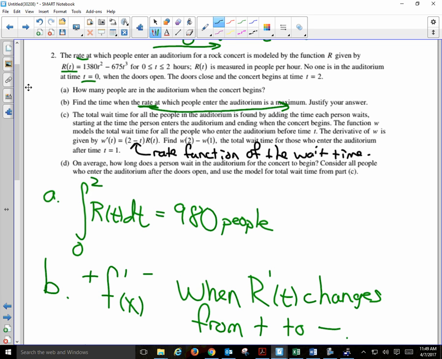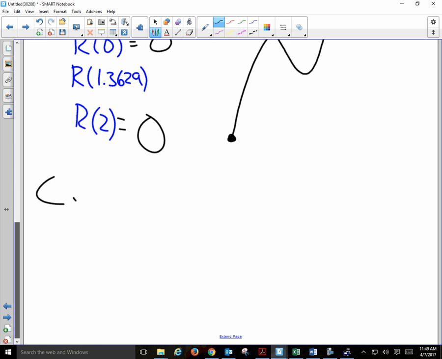It says find W of 2. How does W compare to W prime? It's the antiderivative. So this is simply saying find the antiderivative at 2 minus the antiderivative at 1. Or in other words, simply find the integral from 1 to 2 of (2 minus t) times r of t dt.